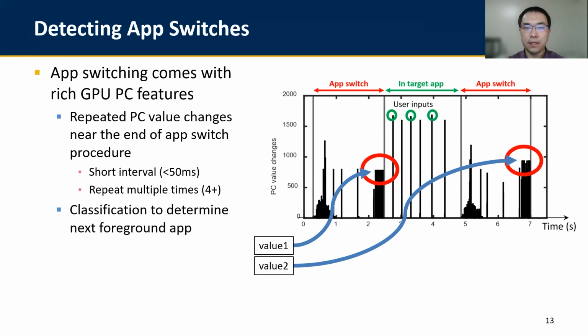In our case, we locate the switching event when there are 4 or more same PC value changes occurring, with the interval between each change being less than 50 milliseconds. Using this feature, we can detect the app that the user is going to use and determine whether the current foreground app is our target app.